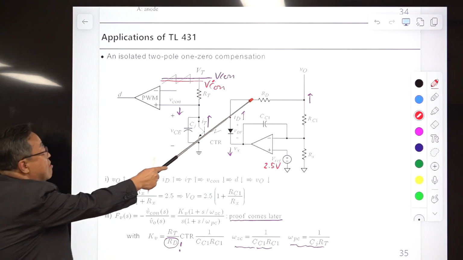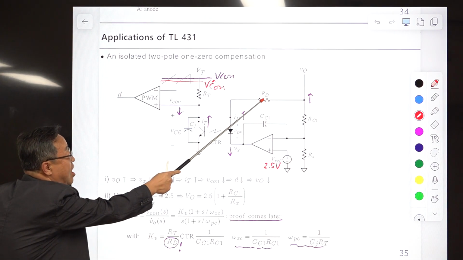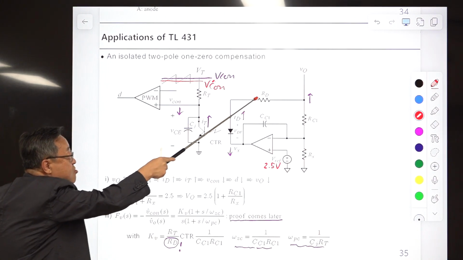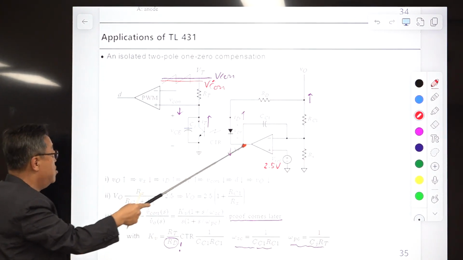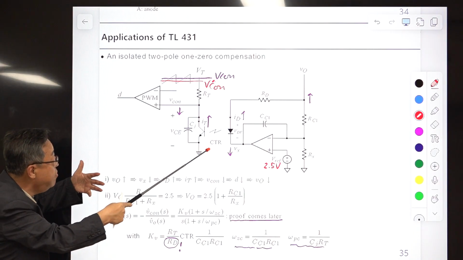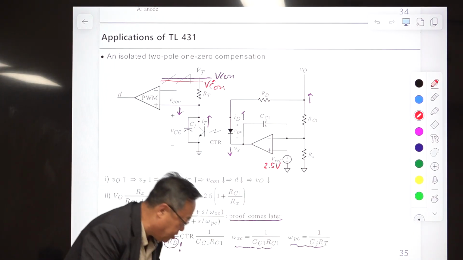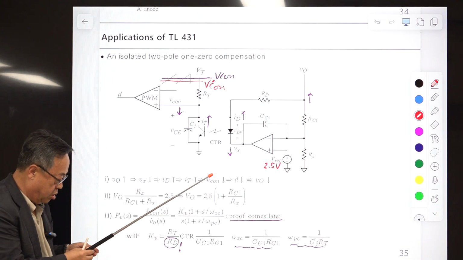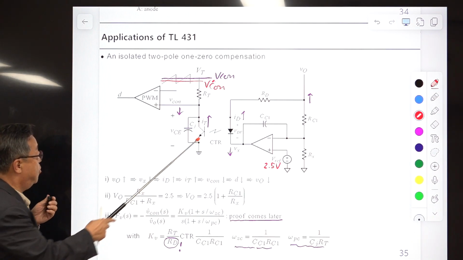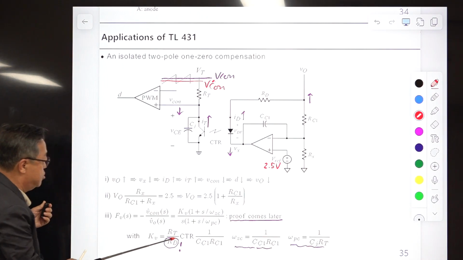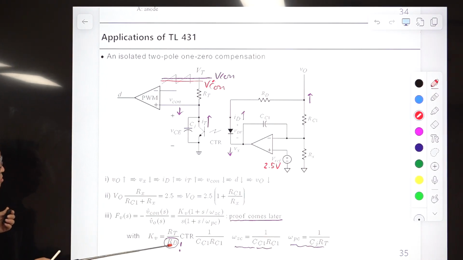RD is here, but RD is related with the bias voltage to here. Okay, later on I'll show you some simplification. So RD is involved with the bias voltage of this circuit. So there is some limitation here. So you cannot control this.